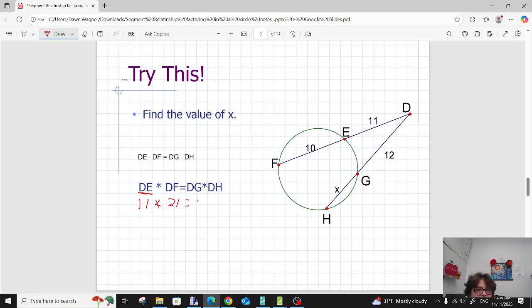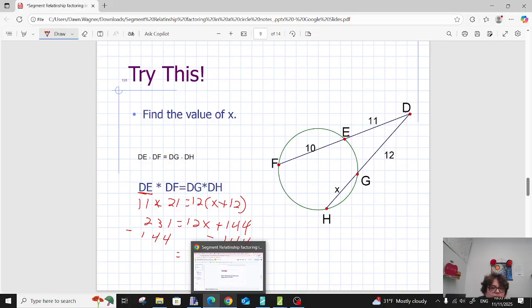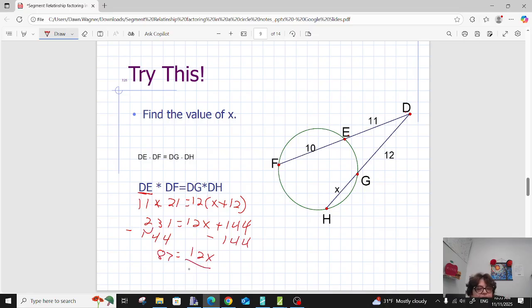Has to equal 12x plus 12. So what's 11 times 21? So you subtract 144. So you get 12x is equal to, is it 87? Okay, and divide by 12.